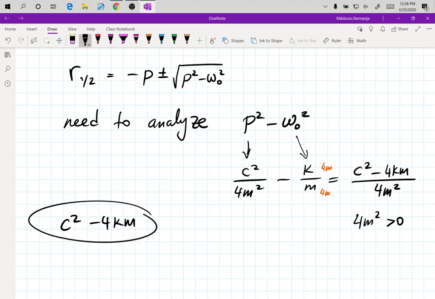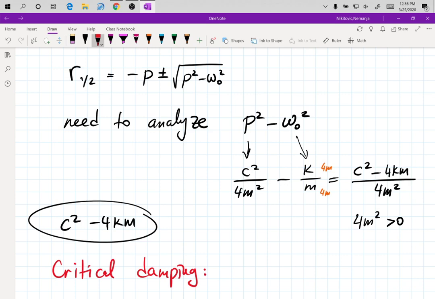Because that is the value which determines whether the number under the square root is positive, negative, or 0. So this is where we find what we call critical damping.